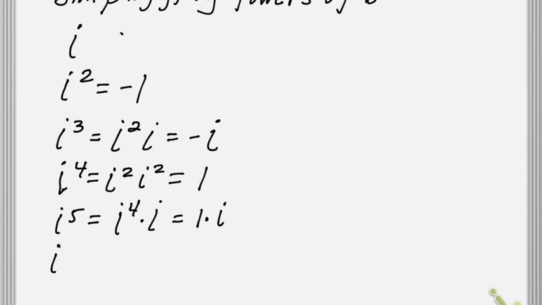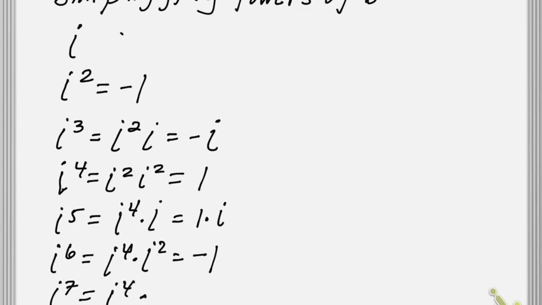And then i to the sixth, I'll break that up into i to the fourth times i squared. i to the fourth, I know is 1. i squared, I know is -1. So that's 1 times -1, which is -1. i to the seventh is i to the fourth times i to the third.